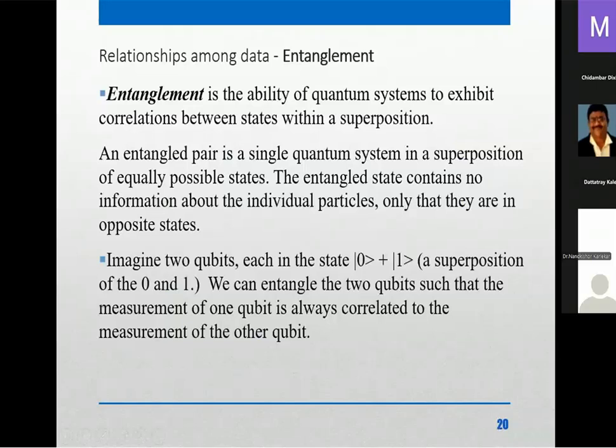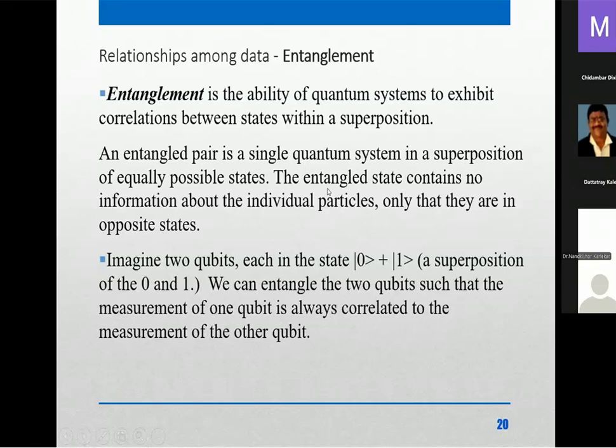We can understand entanglement here. Entanglement is the ability of quantum systems to exhibit correlation between states within a superposition. We have seen an earlier diagram where 0 and 1 are correlated and can give an output of 1. The entangled pair is a single quantum system in a superposition of equally possible states.